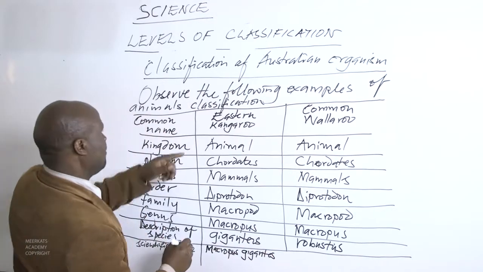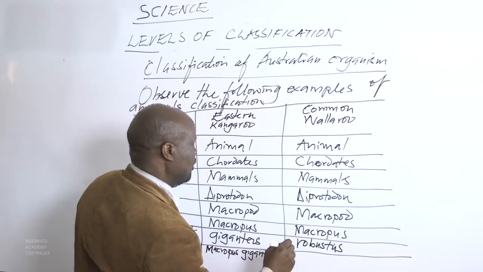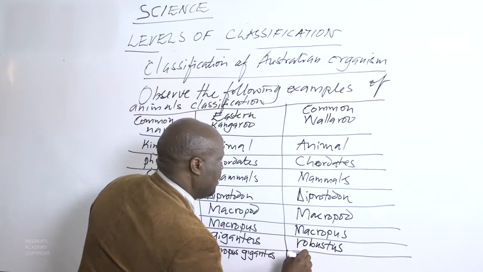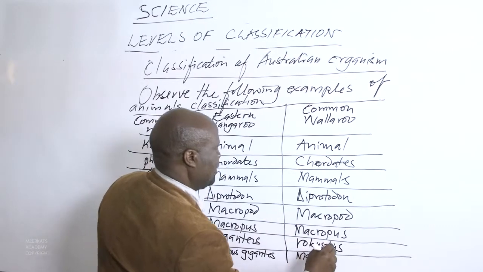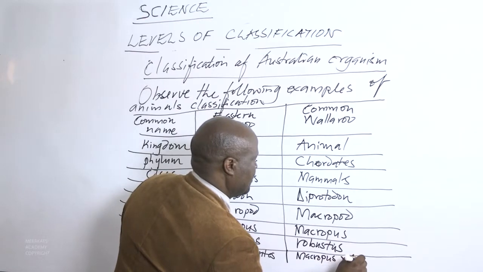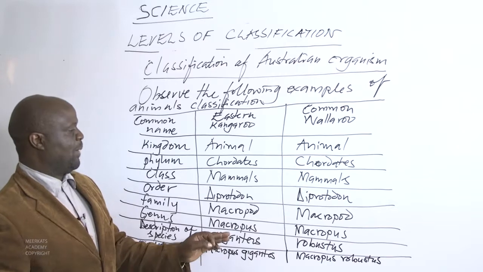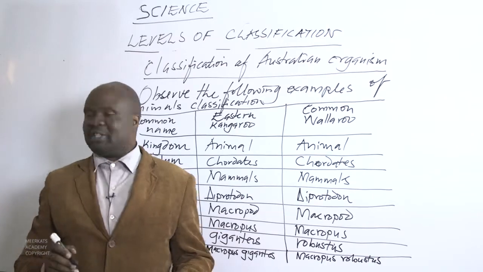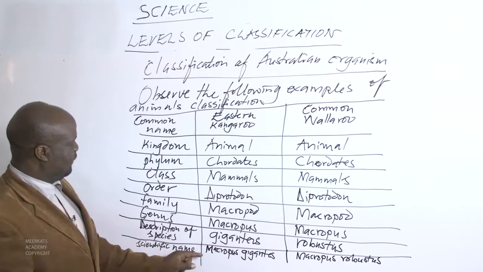That will be the name for the eastern kangaroo, and the name for the common wallaroo will be Macropus robustus. Yes. Now, this is the scientific name.